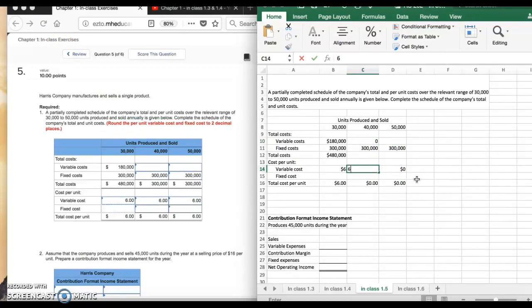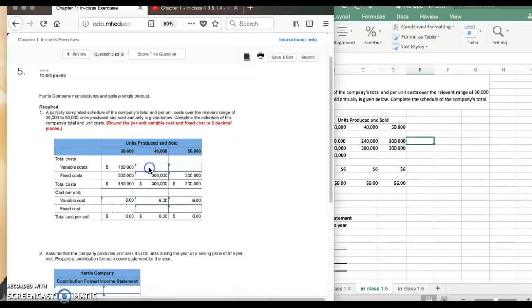So what we should have done was put 6 here so that it then becomes a new formula, right? So just to recap, we're taking 40,000 units times our variable cost per unit, which is $6, and it doesn't change. So then we're going to use that same formula to calculate what our total variable cost would be at 50,000. So if you want to see the formula, it's 50,000 units times $6 per unit. So we'll plug that in here.